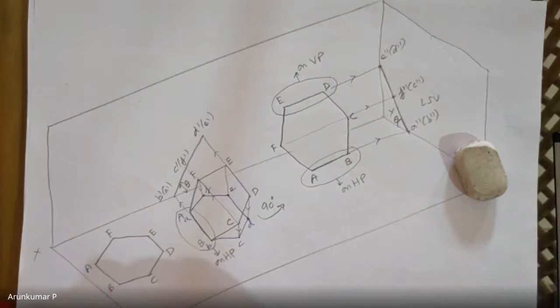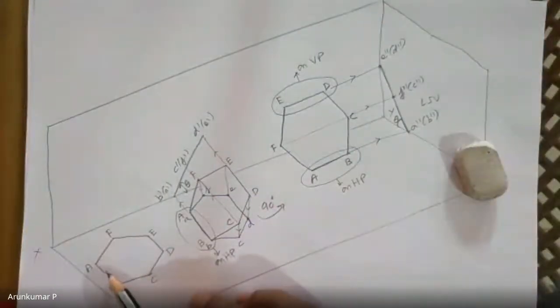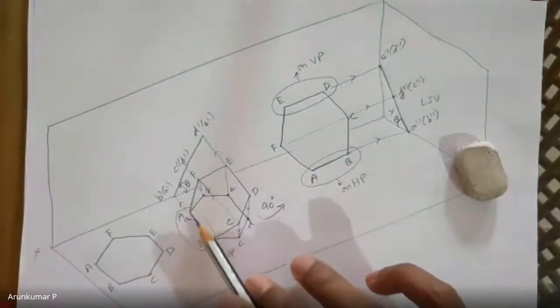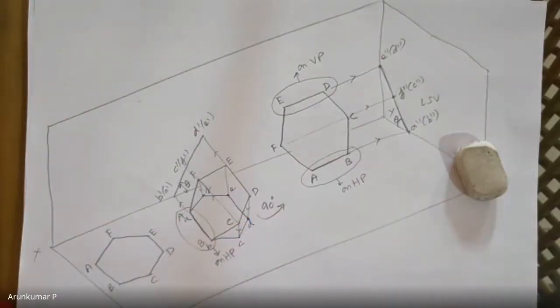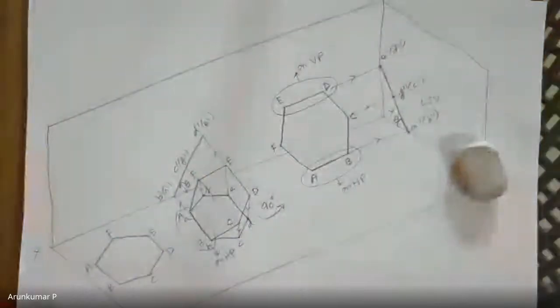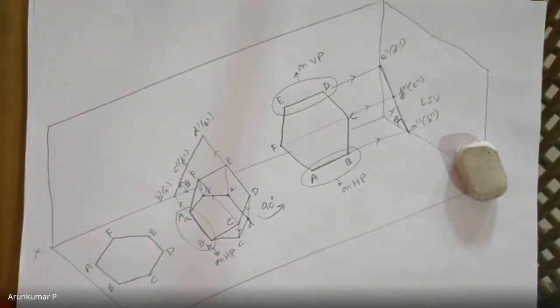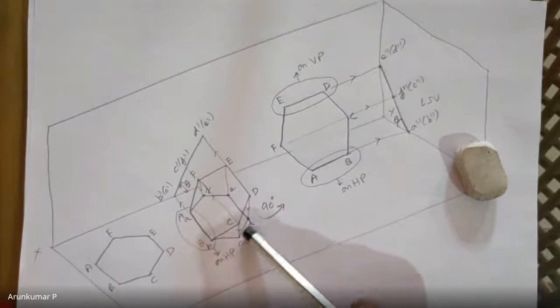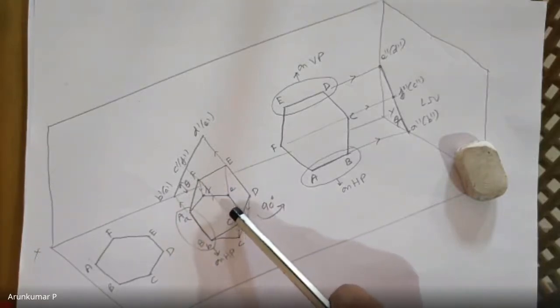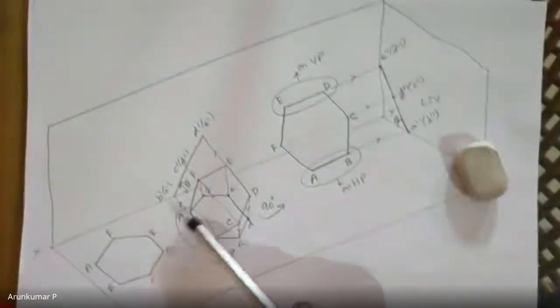Now, can you tell me, the original hexagon in the first step top view would be 25 mm, all the edges. In the second step top view, how many of the 6 edges will still be equal to its true length of 25 mm?